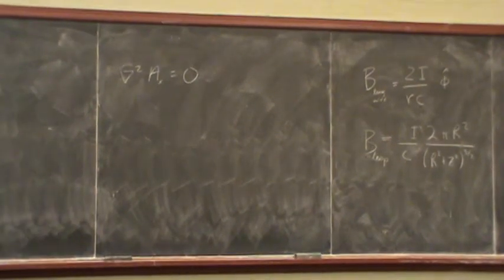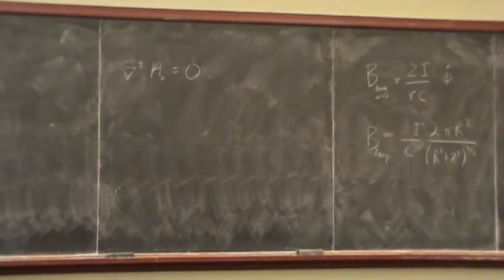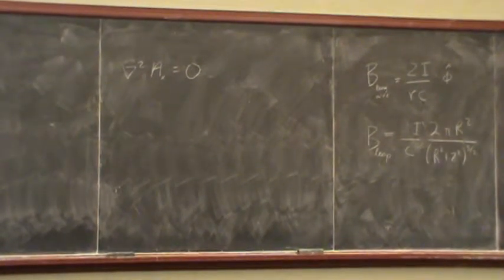Now we can use this to calculate the magnetic field in a solenoid. That gets modified in that if I've got this really long solenoid here, I sit at some point inside the solenoid, and I want to calculate the magnetic field from this loop here.